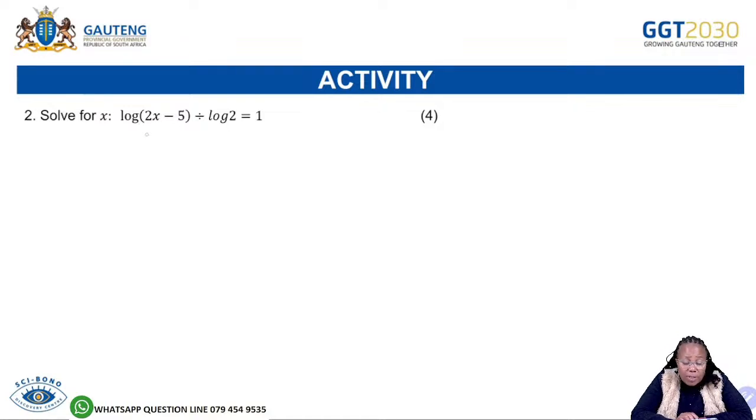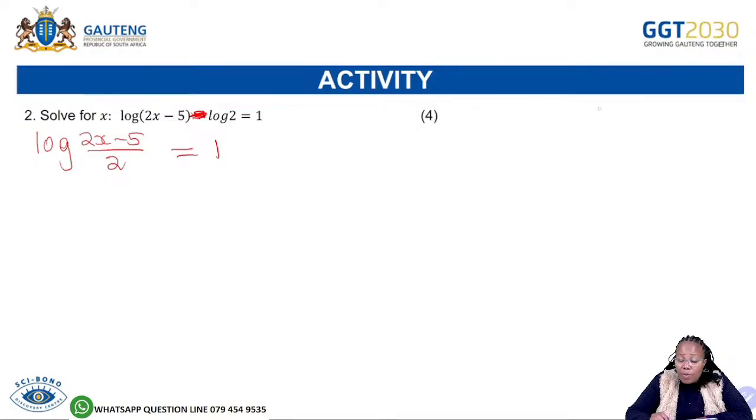So this simply means now, grade 12, you need to solve this problem here. This is supposed to be minus, not division. It's minus there. So now if we are subtracting the logs, 2 logs, then you can divide the log. Then it will be the log of 2x minus 5 divided by 2, which is equal to 1.